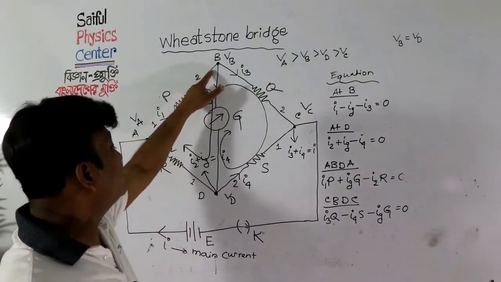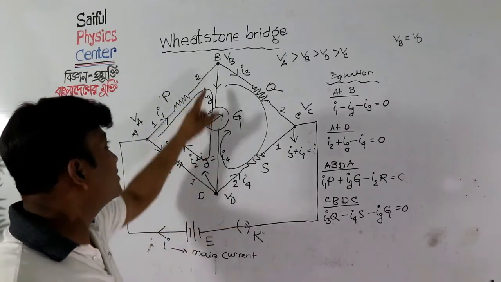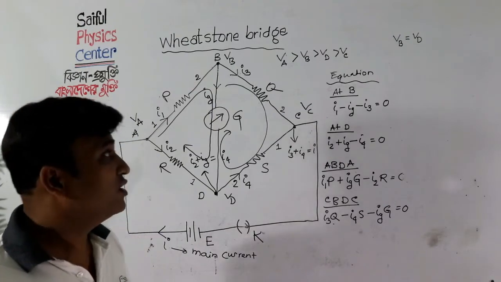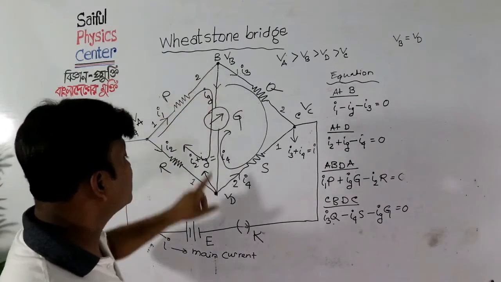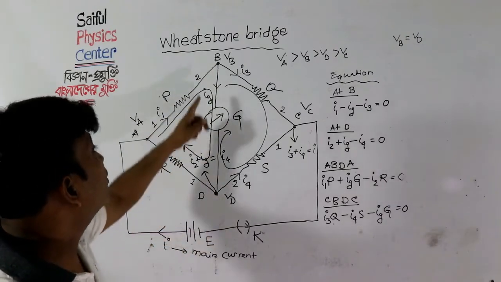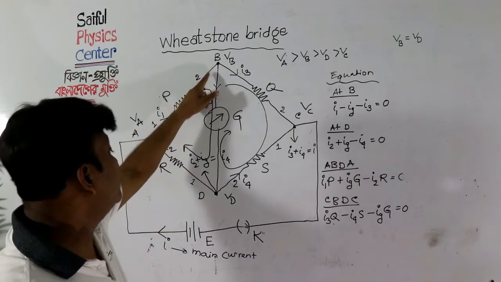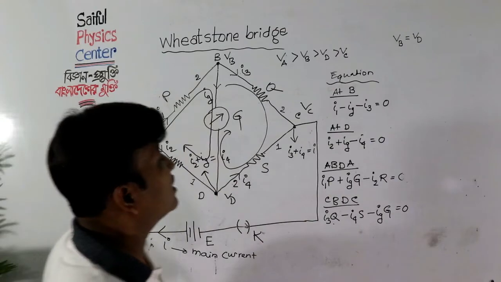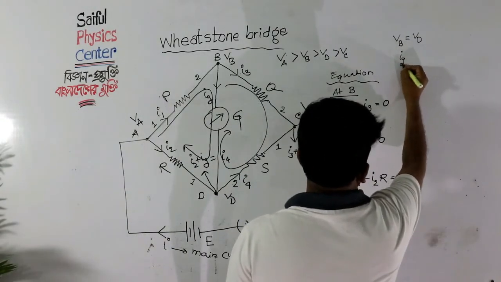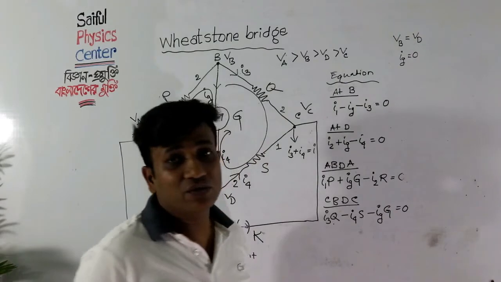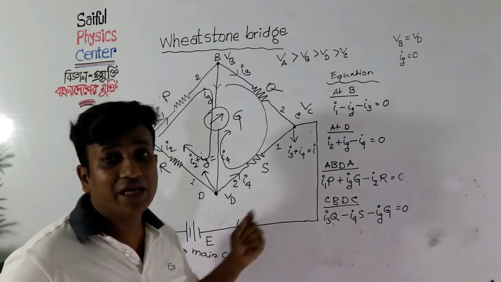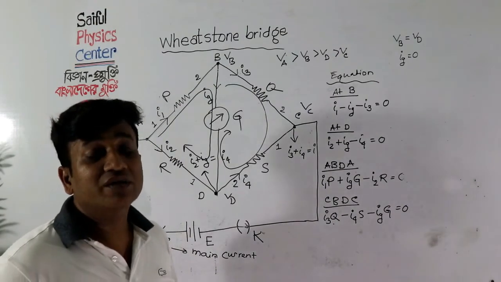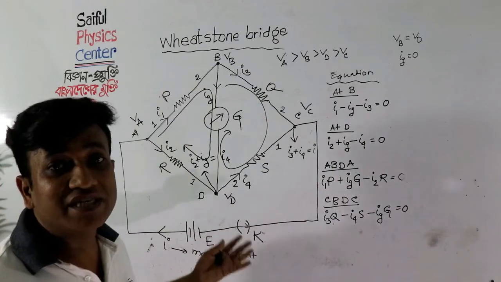So the potential difference between the two ends B and D will be 0 because their potentials are the same. If the potential difference is 0, then no current will flow from B to D across the galvanometer. That's why the value of IZ will be 0. In this case, the bridge will be in balance.